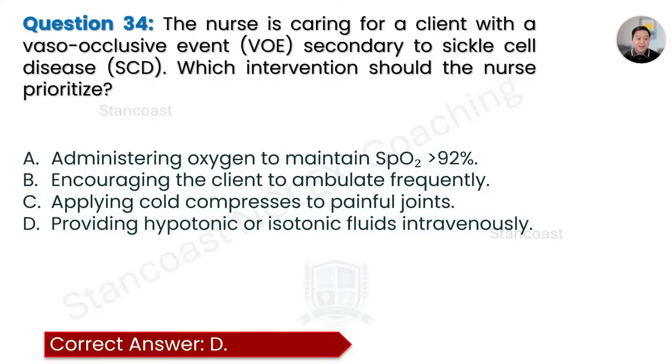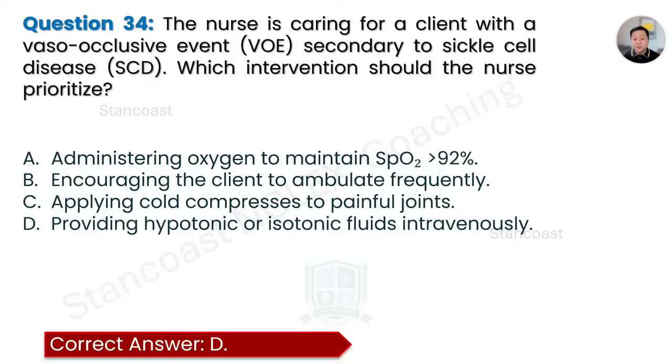For letter A, this is an incorrect choice. Oxygen is important for clients with hypoxia, but is not the primary intervention unless oxygen saturation is compromised. Now we have letter B, another incorrect option. Frequent ambulation during a VOE can increase the pain and stress on the body.